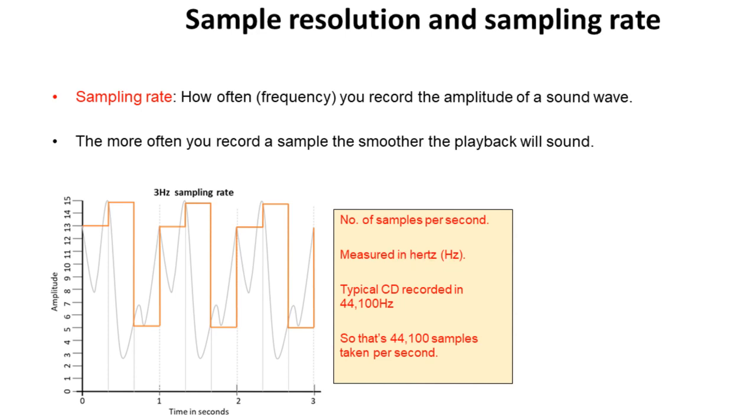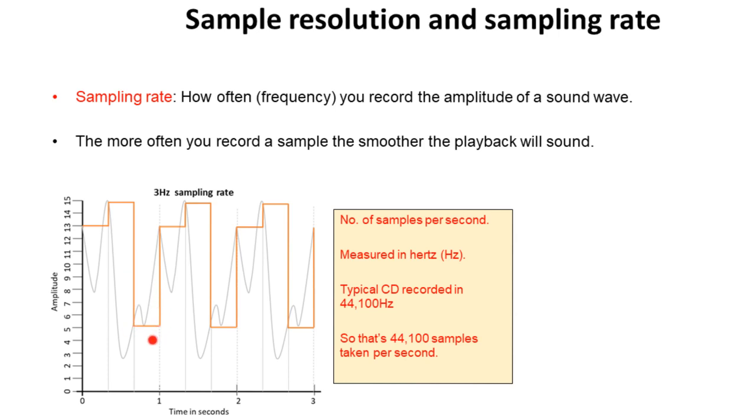So here in this very simple example, we can see the continuous analogue signal, and we can see that we are taking samples here, here, and here. This represents 1 second. So during a second of continuous analogue signal, we are sampling the sound at 3 points.